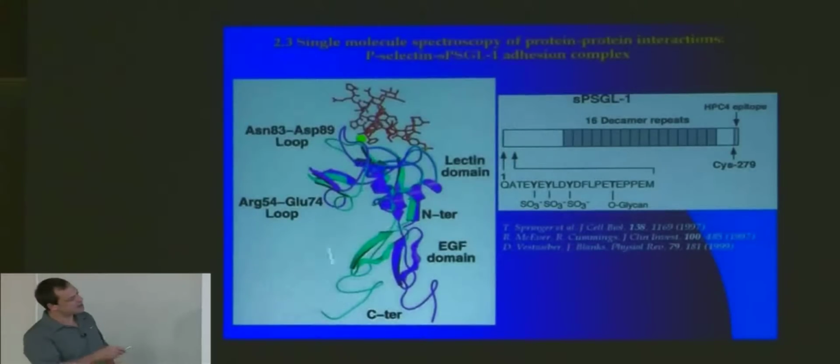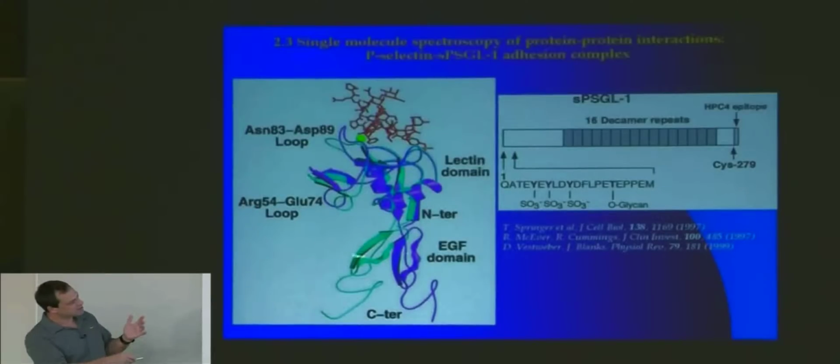So P-selectin is this protein here. It has 2 domains, an EGF domain and then a so-called lectin domain, and in here, what I showed you is the superposed structures of unliganded P-selectin and the P-selectin ligated with this molecule. And you see in here that there's some structural change associated with the binding.